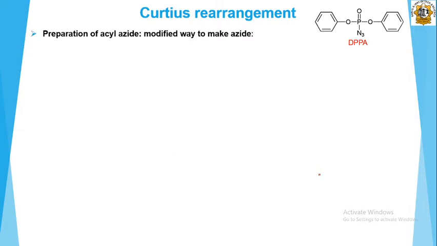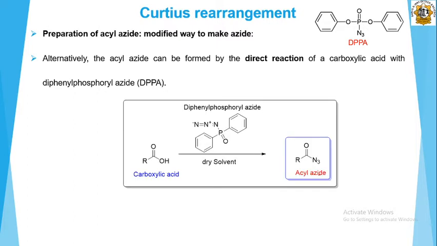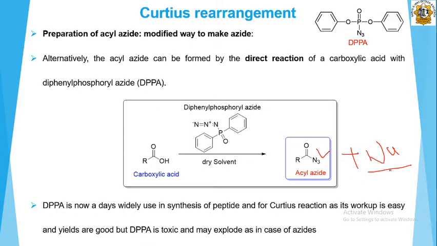Another way of making acyl azide is using DPPA. If we use dry solvents and DPPA, we'll get acyl azide in very good yields and in pure form that can be converted to different products using different nucleophiles. We'll discuss it afterward.